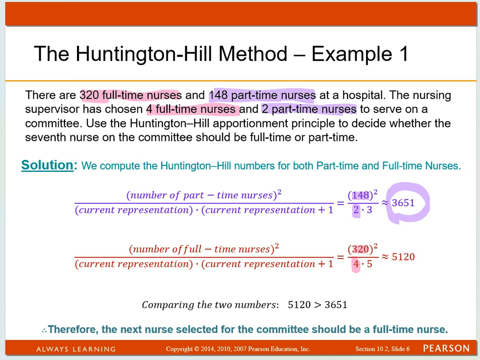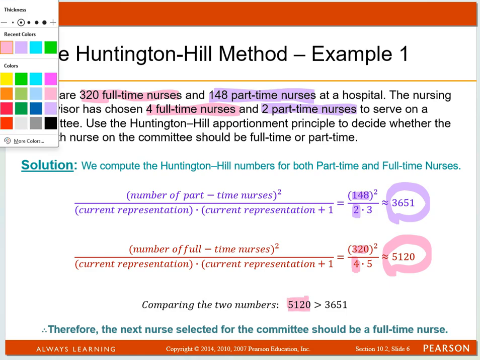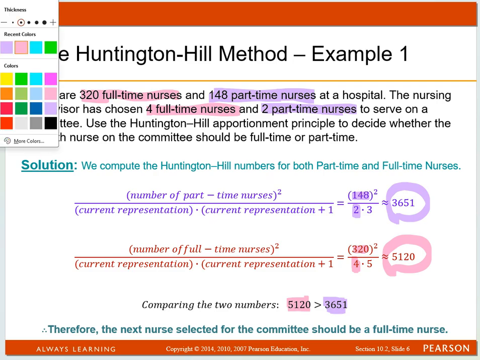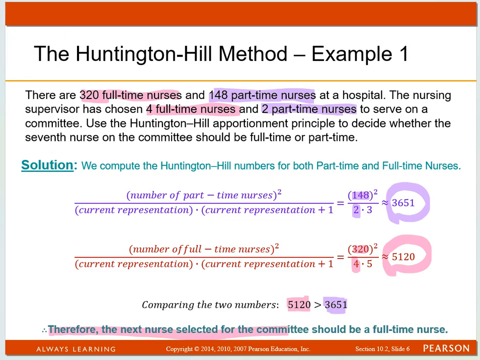So 320 squared divided by, well, 4 times 5 is 20, and you get this number. Whichever one of these is the larger Huntington Hill number gets it. The 5,120 is greater than the 3,621, and so therefore it should be a full-time nurse. Therefore, the next nurse selected should be a full-time nurse.